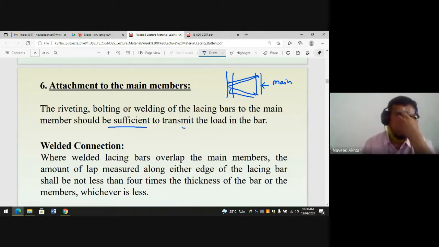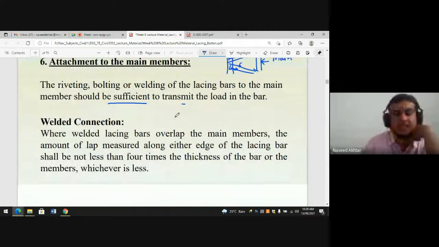Because we are transferring the load through the main bars, this force F, to the lacing system. तो इस तरह उसका कनेक्शन रहना चाहिए कि आपका लोड इक्वली डिस्ट्रीब्यूट हो हर लेसिंग बार में.